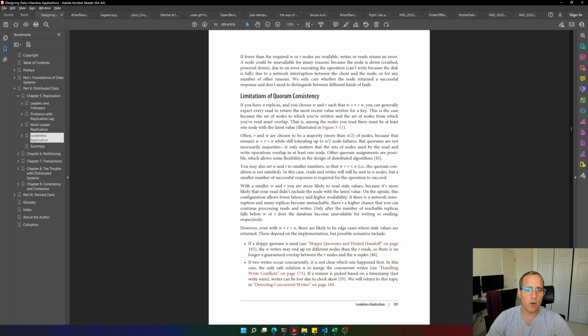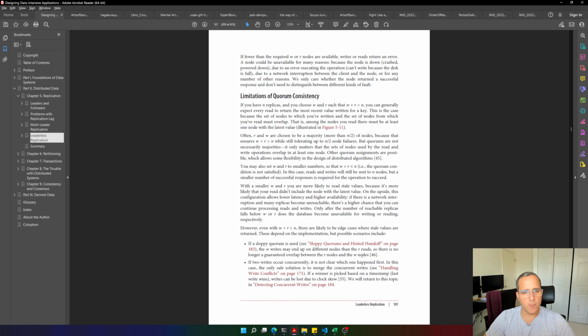You may also set w and r to smaller numbers, so that w + r <= n. In this case, the quorum condition is not satisfied. Reads and writes will still be sent to n nodes, but a smaller number of successful responses is required for the operation to succeed.